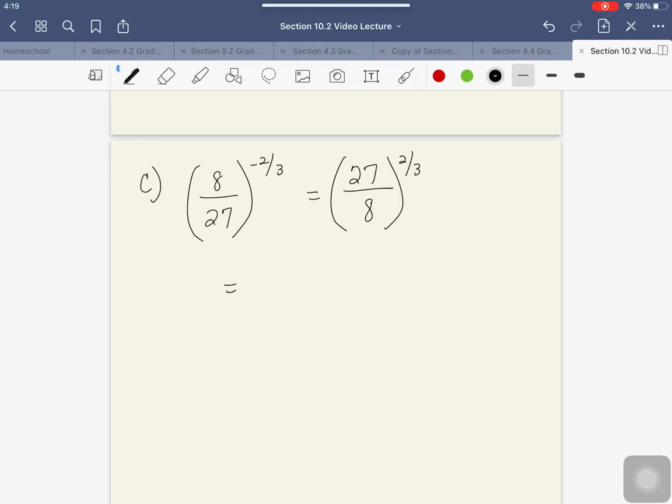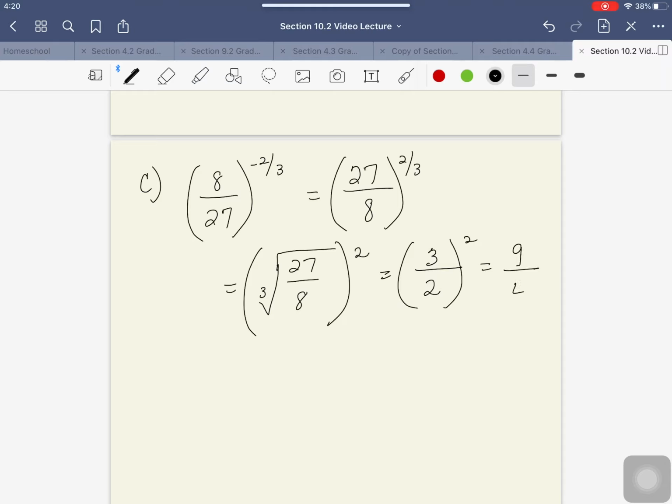So I can write that as the cube root of 27 over 8, and then whatever that is, I'm going to square it. So the cube root of 27 is 3, the cube root of 8 is 2, and then I'll square that and get 9 over 4.